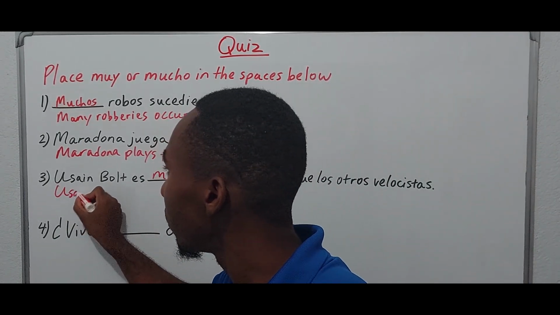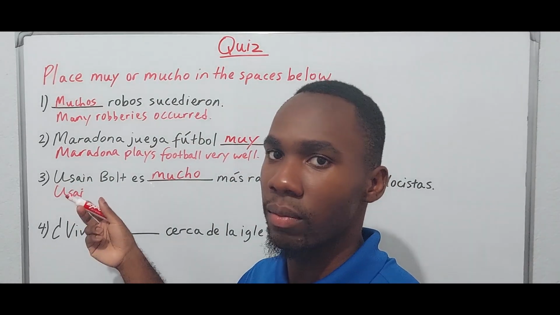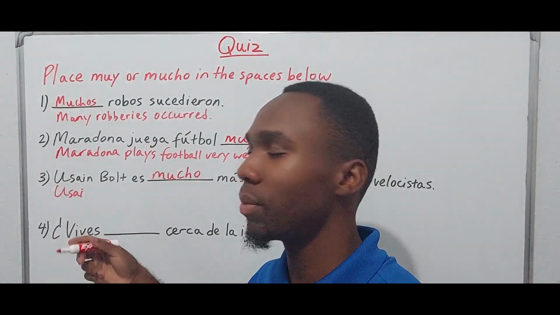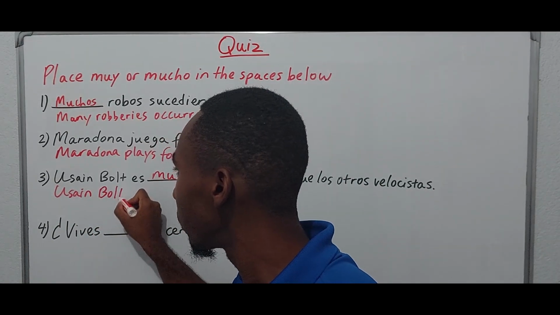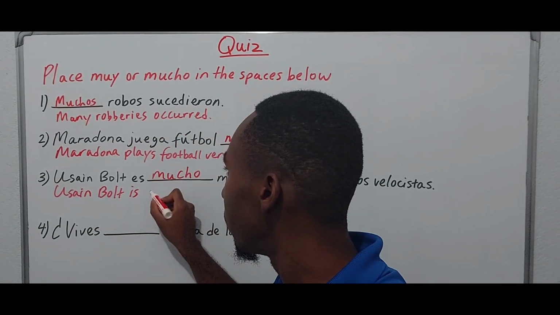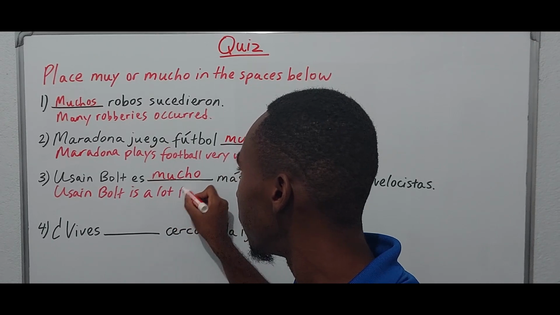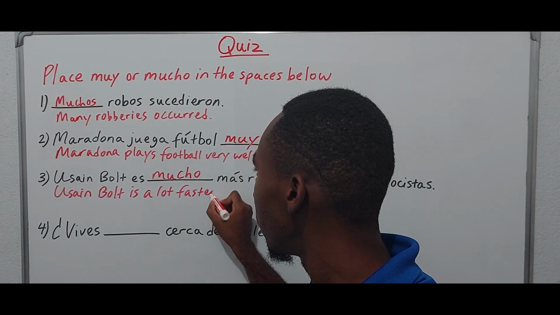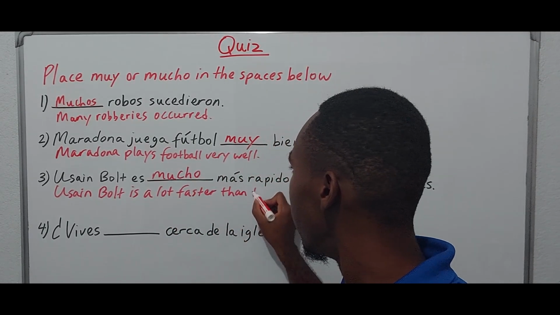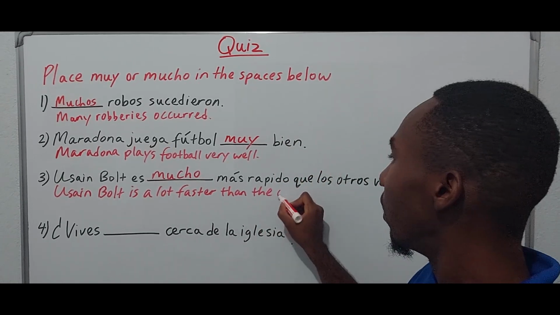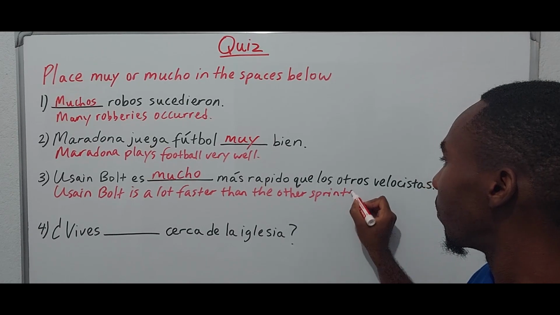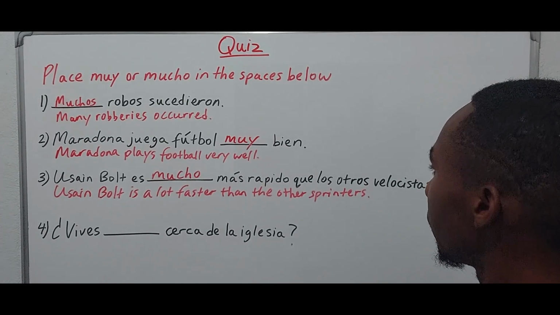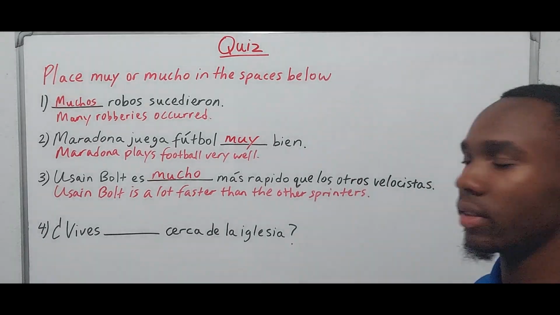Usain Bolt is a lot faster than the other sprinters. That's right. And the other sprinters, velocistas.